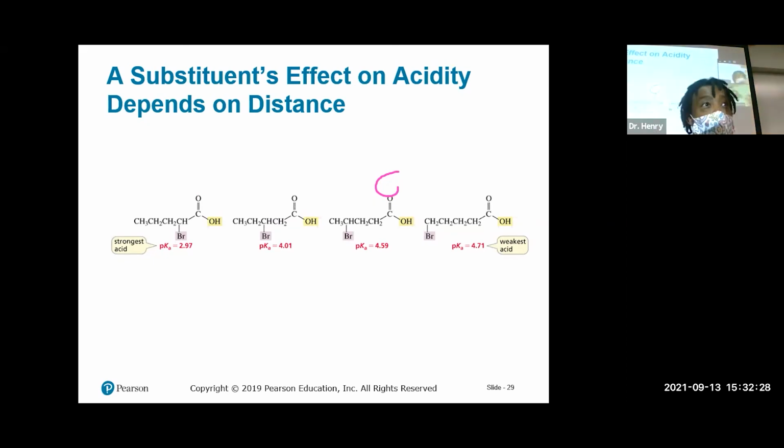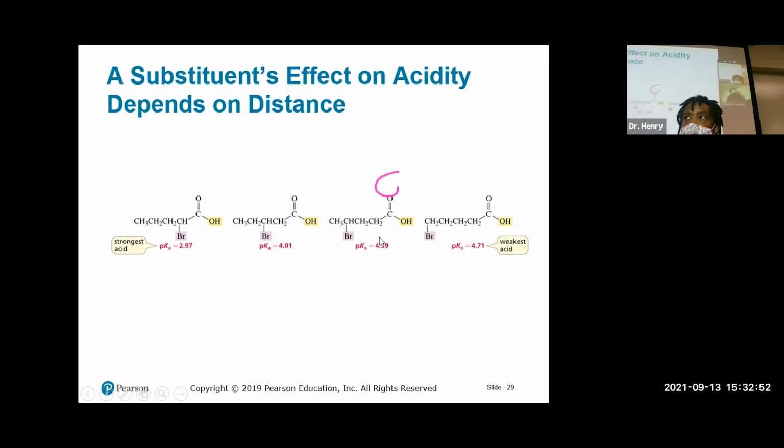Now, it's going to also be dependent on distance. The further you are away, the less impact you're going to have. The closer you are to the part that's going to be the acidic moiety, right? Okay, so the bromine is close here. It's on that second carbon. Where here it's on the third carbon, and see how much it drops. Then here it's on the fourth carbon.